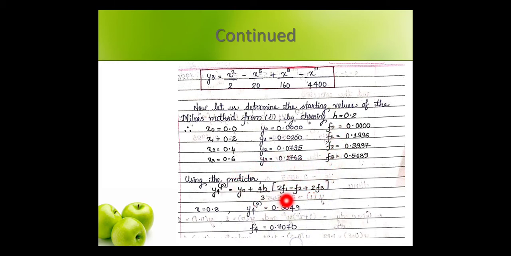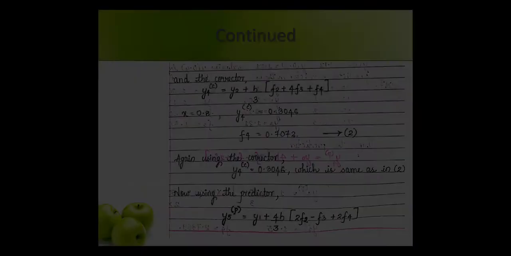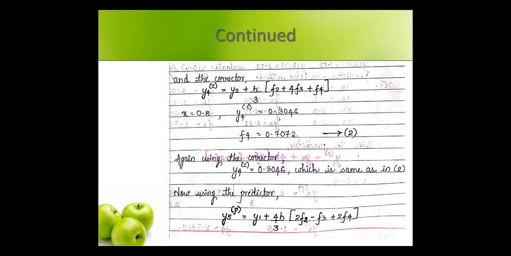Y4 value you will get from this predictor formula, then f4 will be easy for us to find using x4 and y4. Similarly, using the corrector formula you need to find the y4 for corrector, then you will get f4 by substituting x and y4 value in f of x, y. Now the predictor formula goes like this for f5.